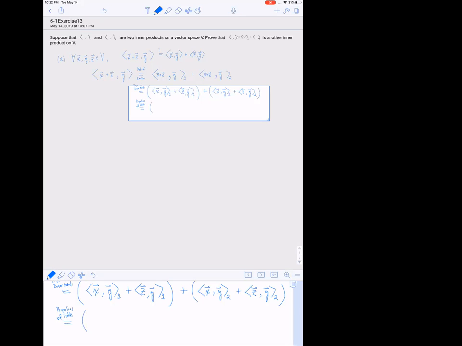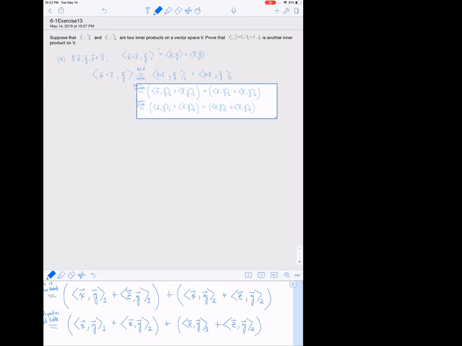I can say that this is the same as the inner product of x with y using brackets 1 plus the inner product of x with y using bracket 2. And then I'm going to add to that the inner product of z with y using brackets 1 plus the inner product of z with y using bracket 2.